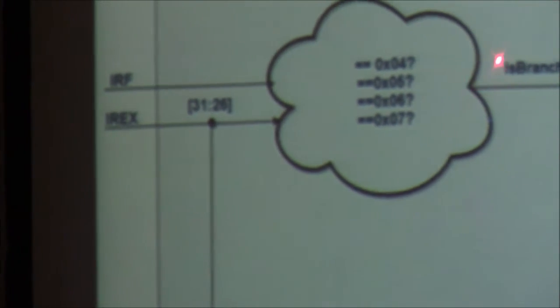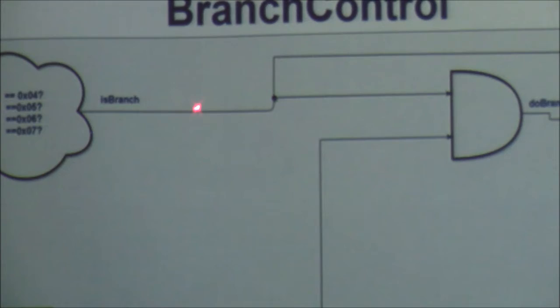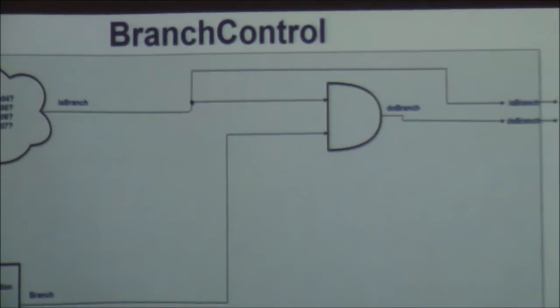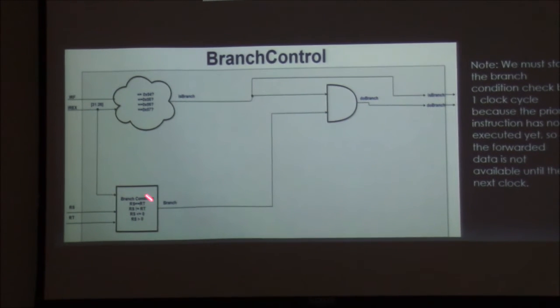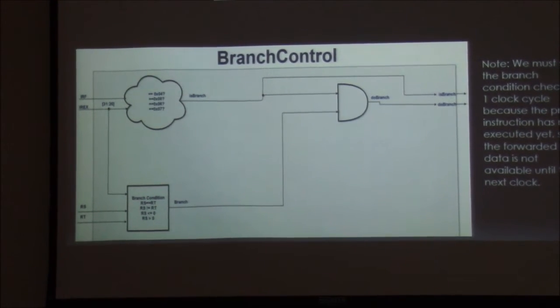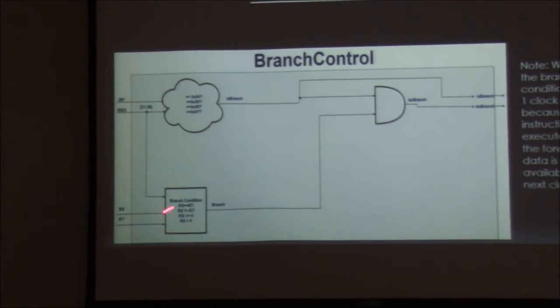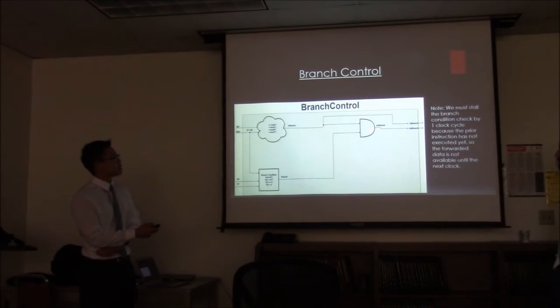If it is, our is branch flag goes high and goes out here, and it also takes that opcode and determines whether we do need a branch, which goes into here as do branch.